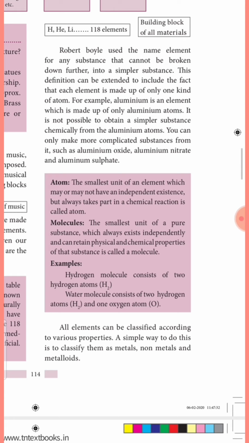All elements can be classified according to various properties. A simple way to do this classification is to classify elements as metals, metalloids and non-metals. In the previous class we have seen that 118 elements are there. In the periodic table itself they are classified by differentiating colors: metals, metalloids and non-metals.